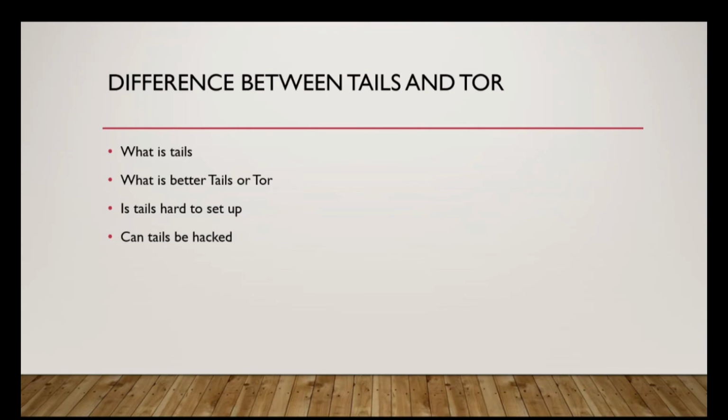Third thing, is it hard to set up? Well, absolutely not. If you are interested in setting up Tails, I suggest you simply follow the steps they have on their website. We're going to see it a bit later in this class, what the website looks like and where exactly you need to go to install this app if you are interested in using it. Once again, this course is really about using Tor.